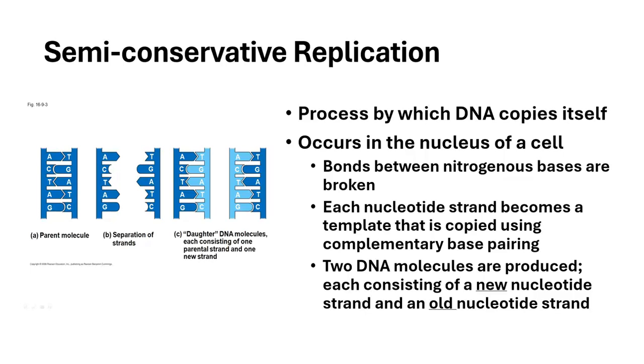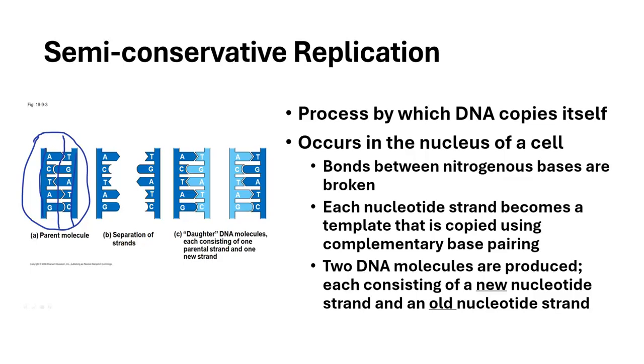When we look at this process, we start here with our DNA that has been unwrapped, so it's not in a spiral pattern, and we still have our two nucleotide strands, and we can see that adenine's across from thymine and guanine's across from cytosine. What happens first is we go down the center and break those hydrogen bonds between the nitrogenous bases. So in B here, it shows that the two strands have been pulled apart.